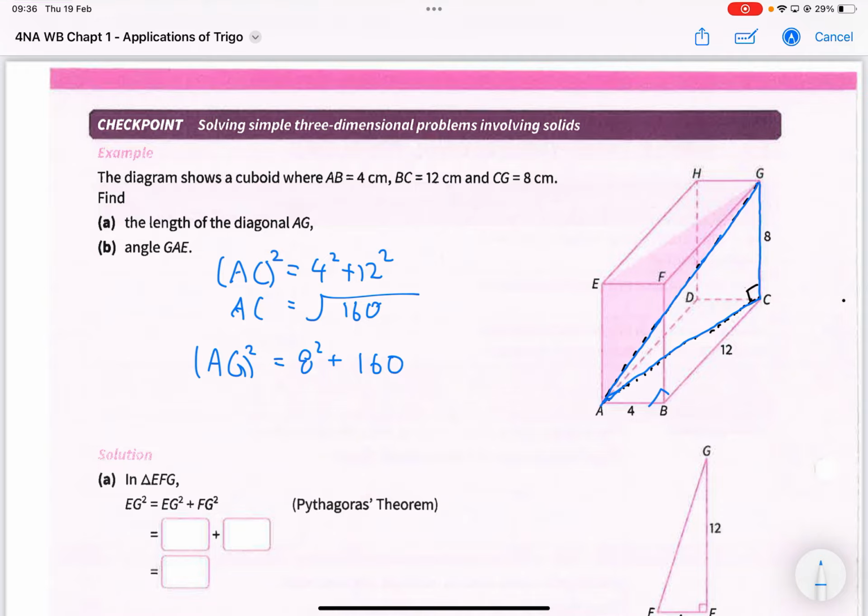AC is square root 160, so AC square is 160. Then AG is square root of 8 square plus 160, which is 14.96666.